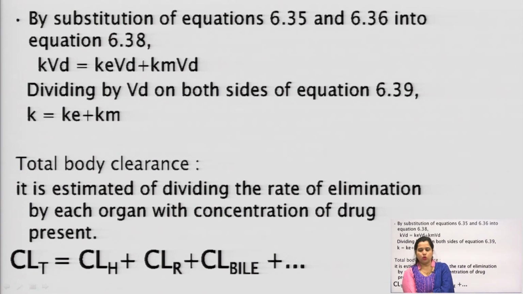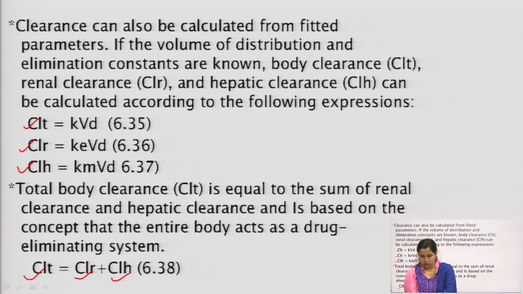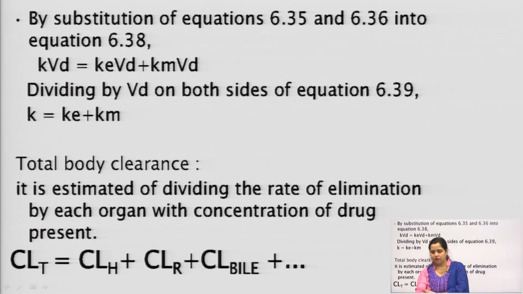So, by substitution of equation 6 into these equations, we can have K VD is equal to KE VD plus KM VD. Dividing by VD on both sides, we will get the equation K is equal to KE plus KM.